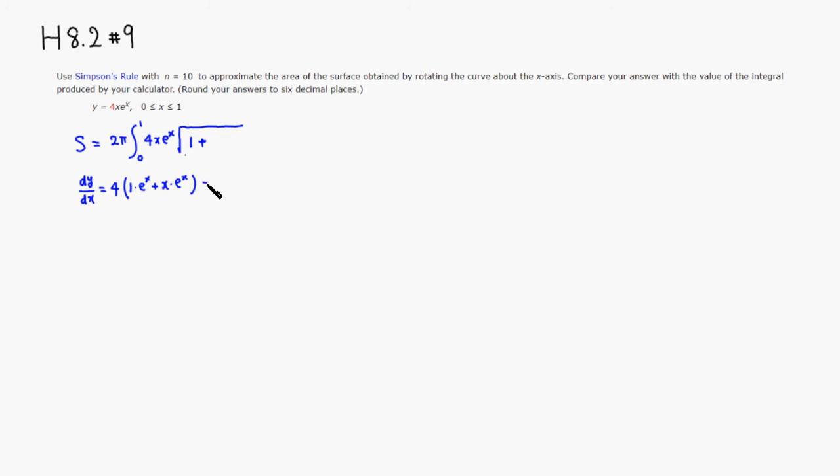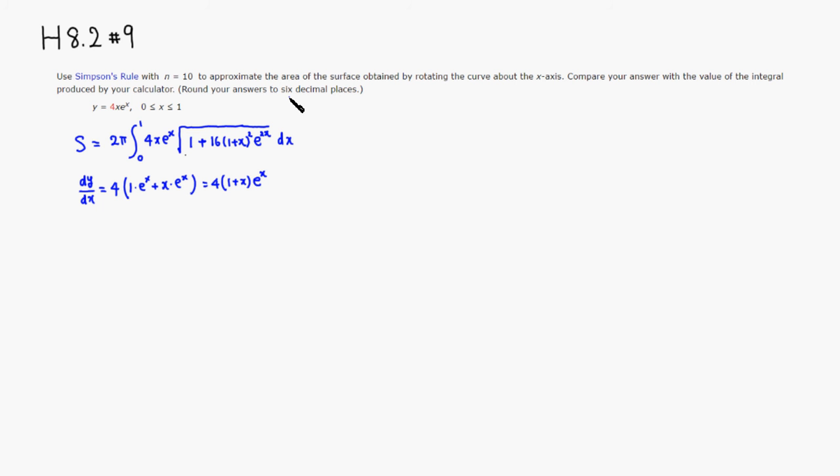So you will get 4 times 1 plus x, then we can factor out e to the x because it's in common. We have to square that, so 4 squared would be 16. Then you have 1 plus x quantity squared, then e to the 2x, because you have to square that. Then we have a dx.